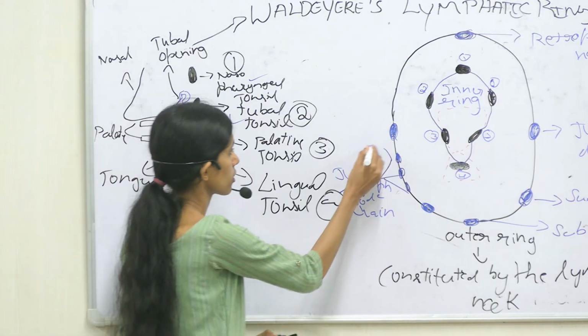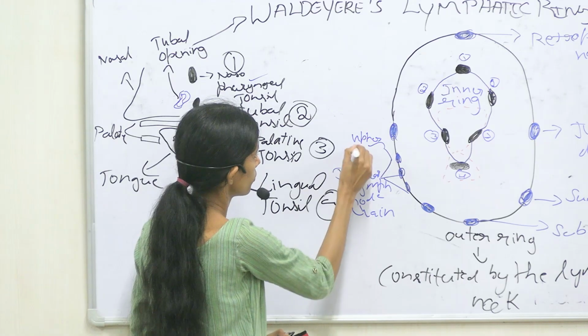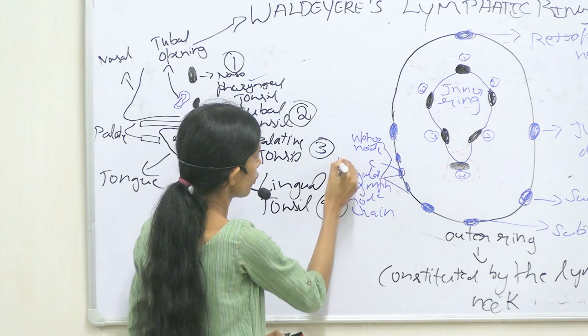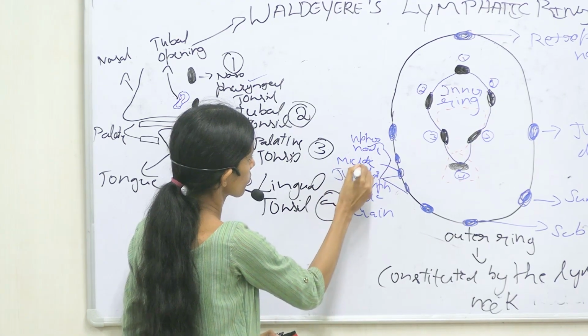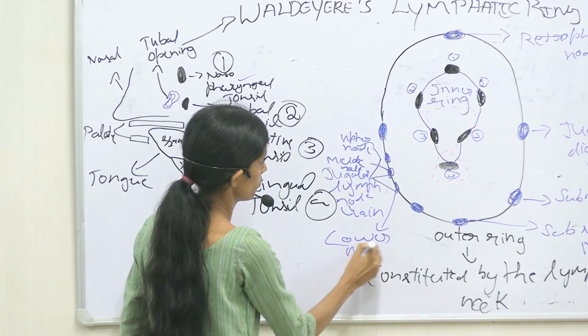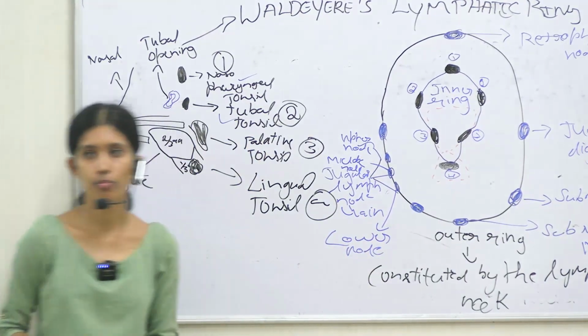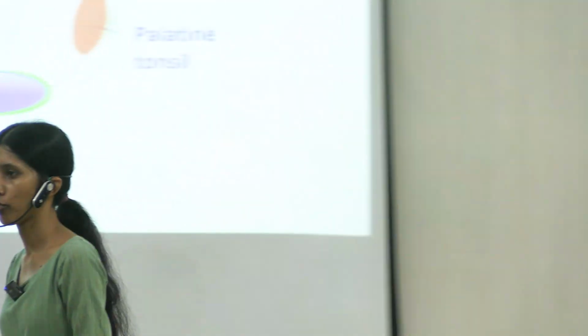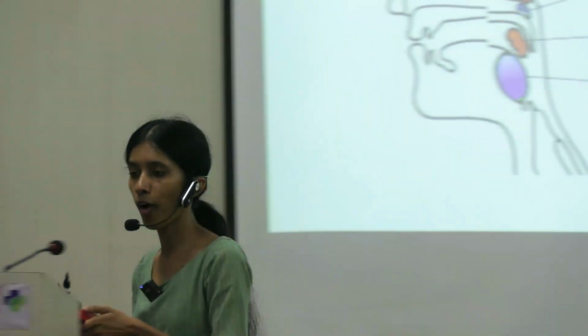This is called the upper node, middle node and lower node. Okay. This is the whole picture of Waldeyer's lymphatic ring.